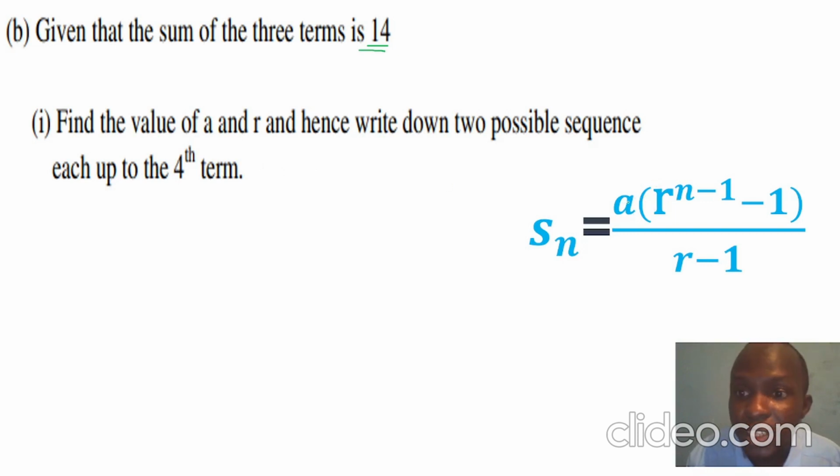The value of A is not given. The value of R is 4 over A.